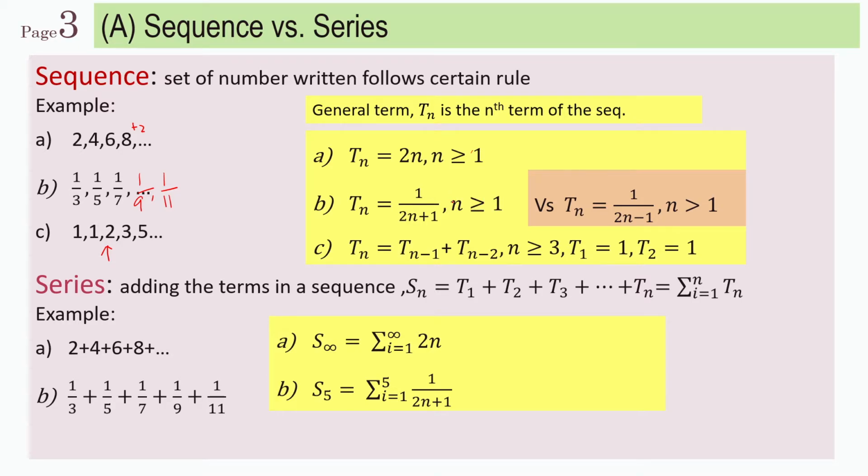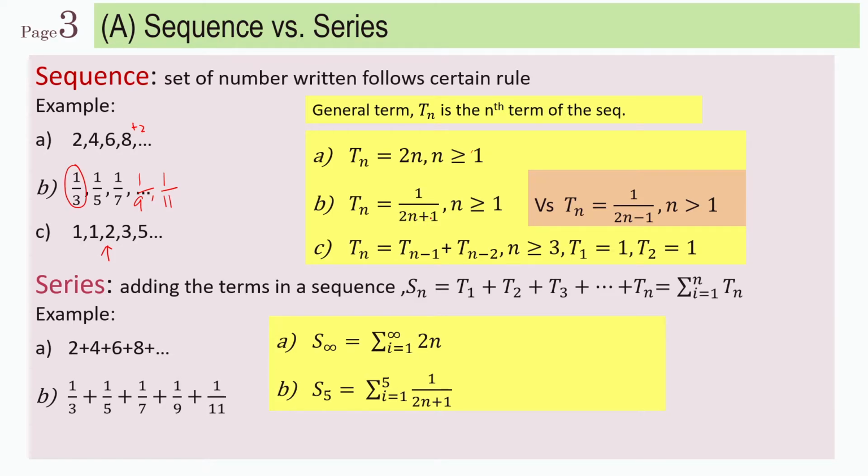Maybe some of you may ask when to use n greater than or equal to 1, and when n greater than 1. Basically we are just looking at our first term. If you want to produce 3, I substitute 1 into 2n plus 1, I will get 3.